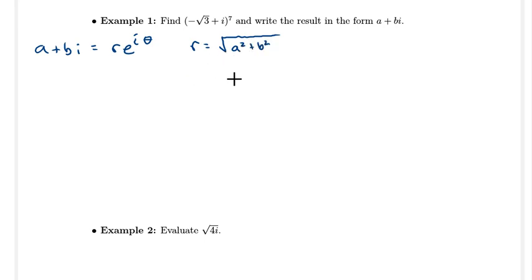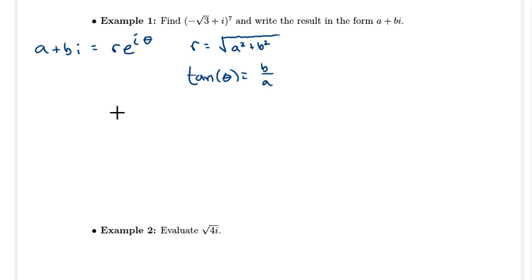This should remind us of the fact that the x squared plus y squared of a point on a circle gives us the radius squared. So take the square root, and that's our r value. And then we know that the tangent of theta is b over a.